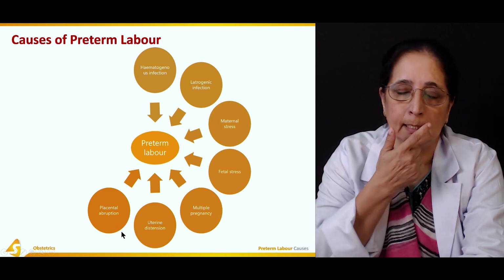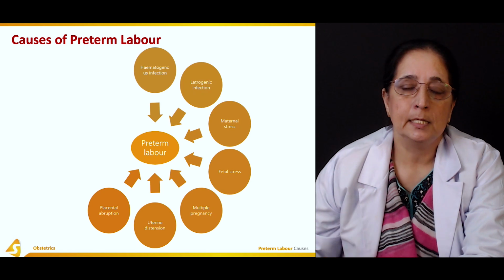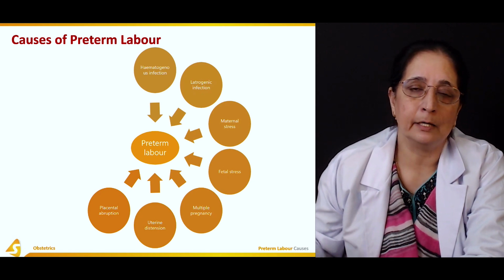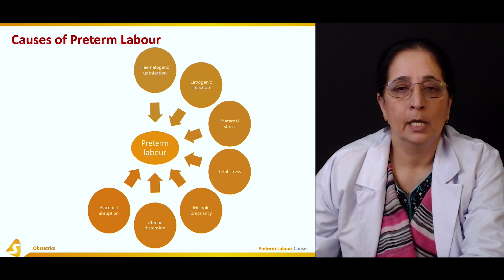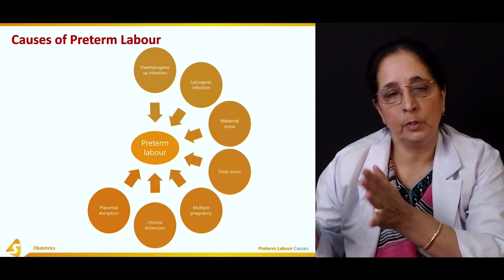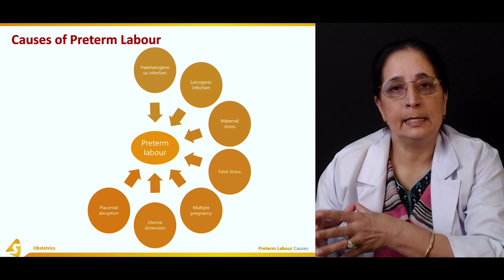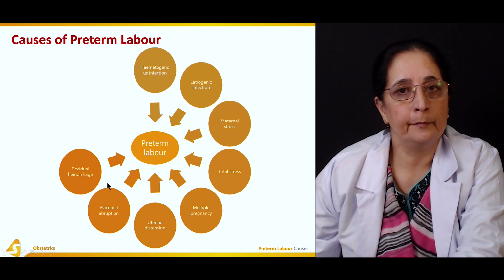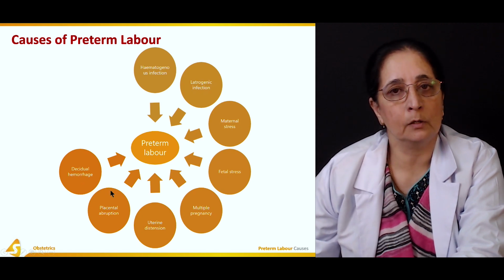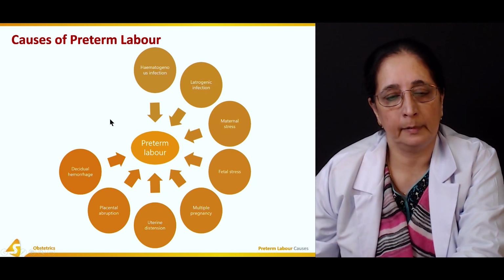Abruptio placenta is the condition in which there is separation of the placenta from the uterine wall, and there is a hemorrhage in between, and this can lead to preterm labor. Decidual hemorrhage can also lead to preterm labor.